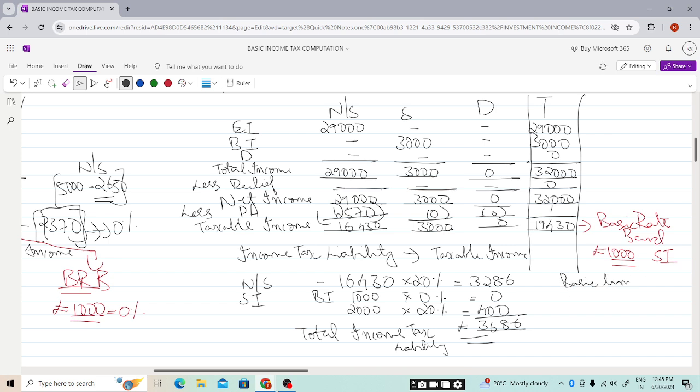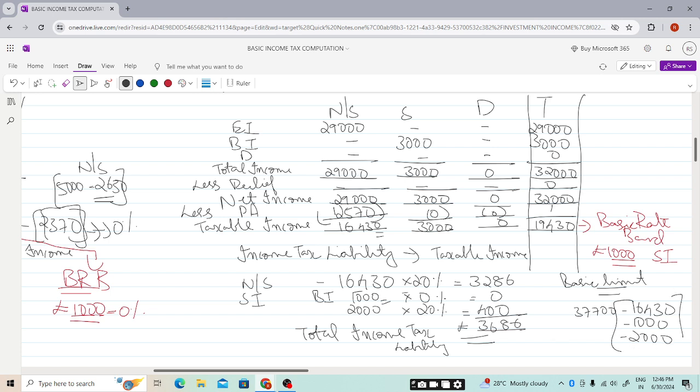So now what is the basic rate limit left with you? The basic rate limit which is left is 37,700 minus 16,430, and reduced by the 1,000 nil rate band, because the 5,000 rule does not apply, so it will not reduce. If the 5,000 rule applies, then only it will reduce the basic rate limit, then further by the 2,000 amount.